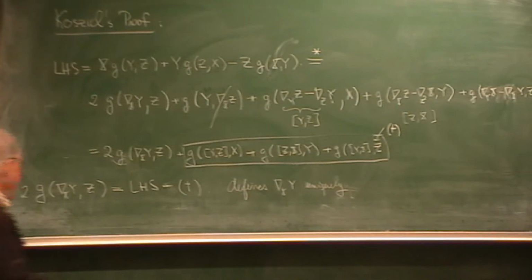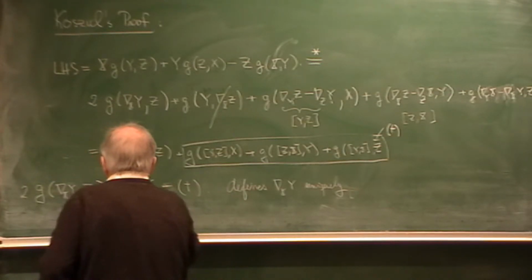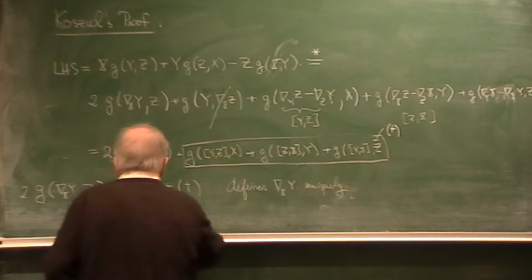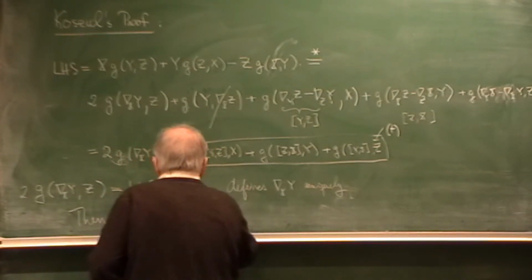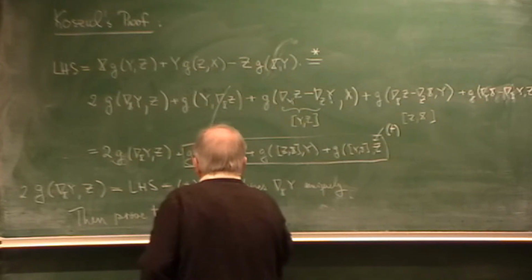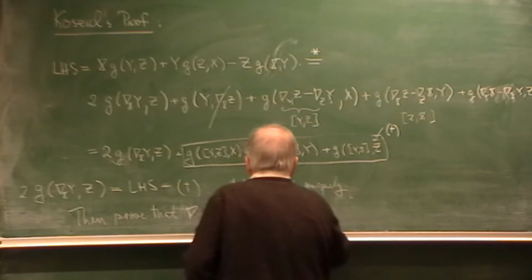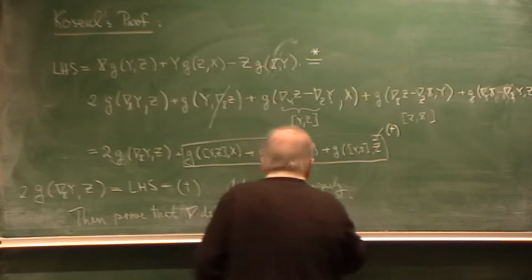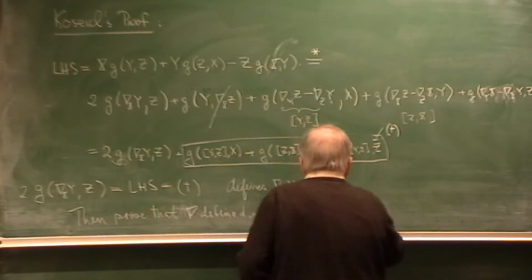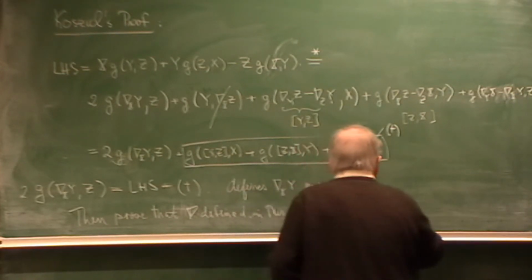And then prove that nabla defined in this way is a connection on the tangent level, of course, satisfying those two conditions.